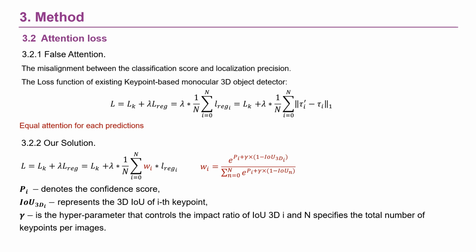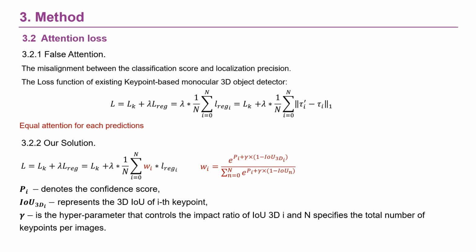Under the traditional training strategy, all keypoints are treated with equal attention, which is a point where we can make further improvement. To alleviate the above false attention issue, we propose a simple but effective attention loss as follows. The basic idea of the proposed loss is to assign an attention weight to each regression item in the regression loss function.